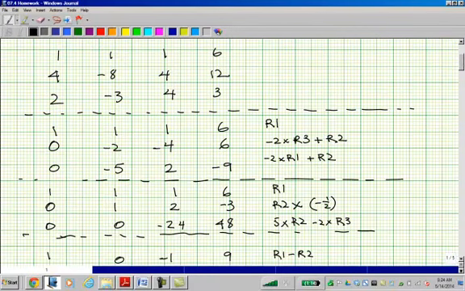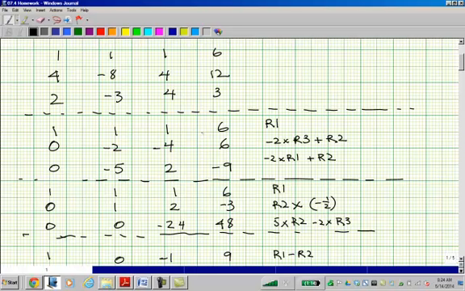Okay, so on the right here are my row operations, and they refer to the rows above. So this R1 refers to this row, this R1 refers to this row, right here, and so on. So you can just see what I'm doing.